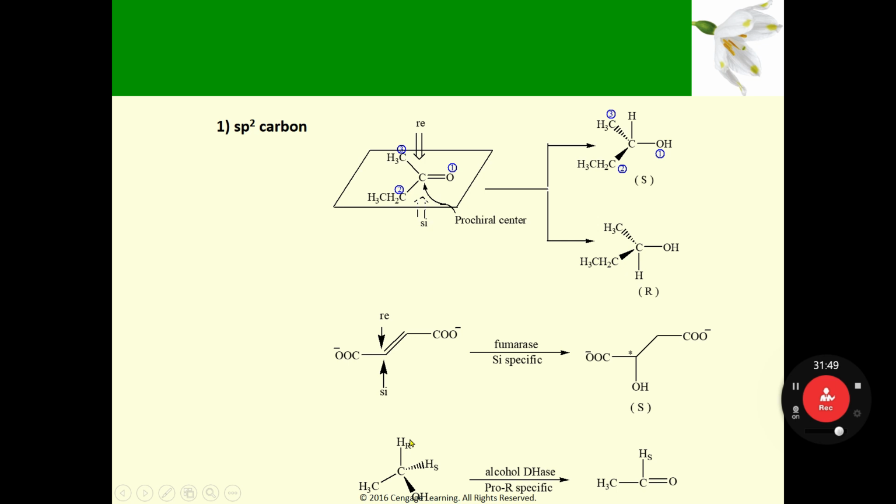Okay? And deuterium has a higher atomic number than hydrogen. You substitute this one with deuterium, then the other one will be the lowest sequence priority, and then you assign R and S, and if you find this is R, then we call this hydrogen pro-R, right?